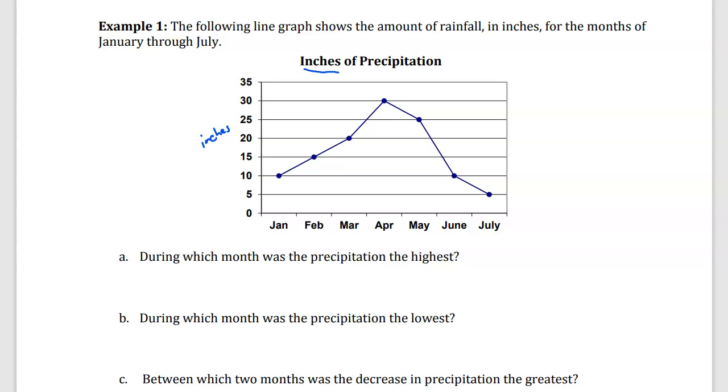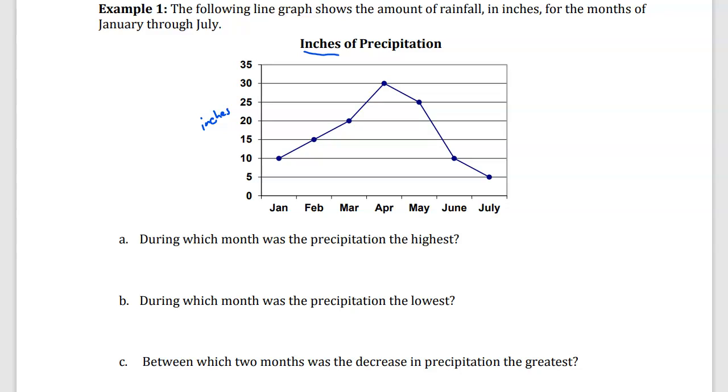I could be 9.5, 9.6, 9.55 inches of rainfall. Okay? We're measuring this over time in the different months. And we read the line graph. Many of us have done this in different classes over the years. So let's look at this graph.